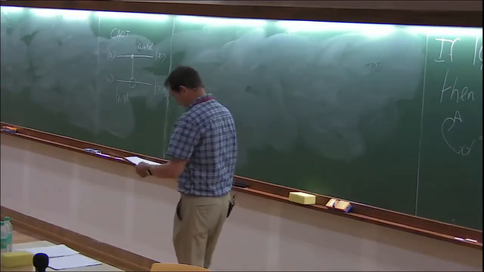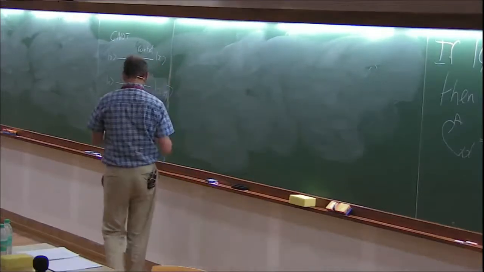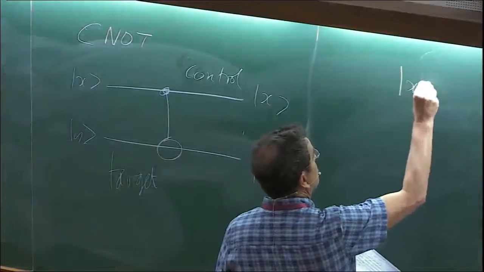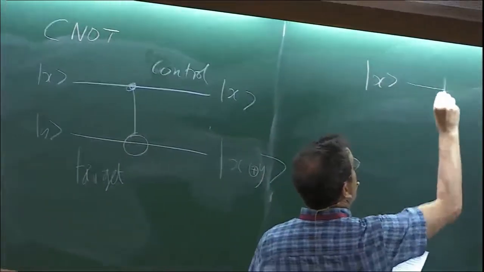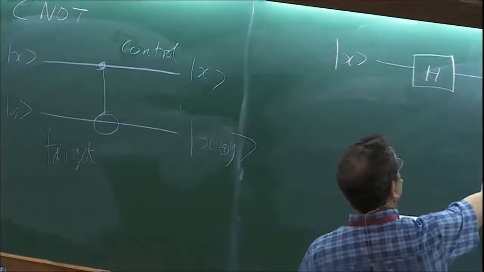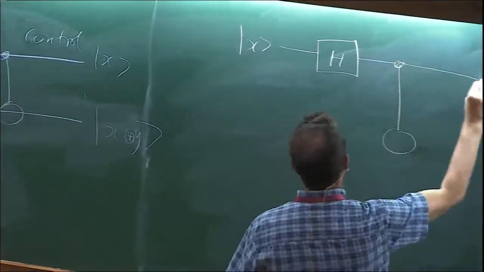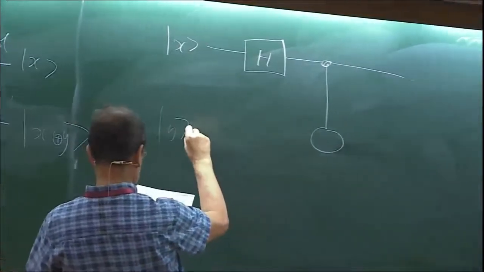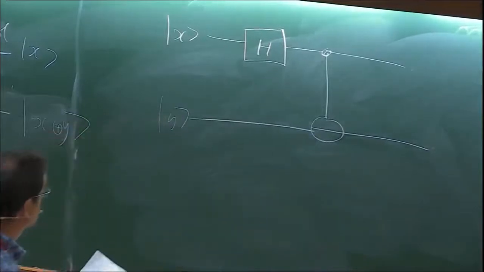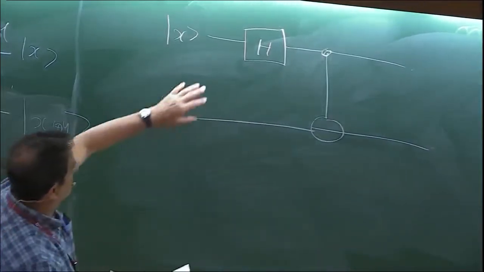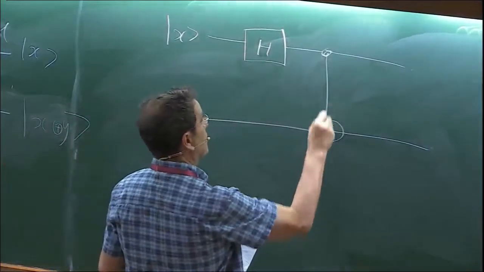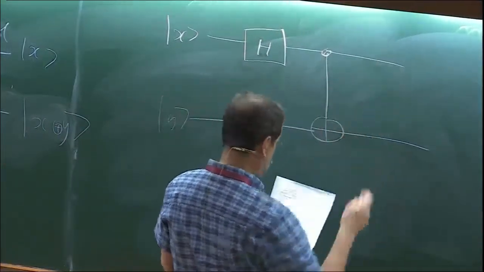Okay. So we represent the sequence of gates by a circuit, and just to remind you, we read from left to right. The upper qubit is acted on by a Hadamard gate, and then the two qubits go through this control NOT.